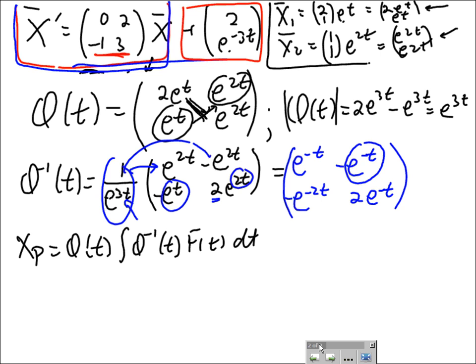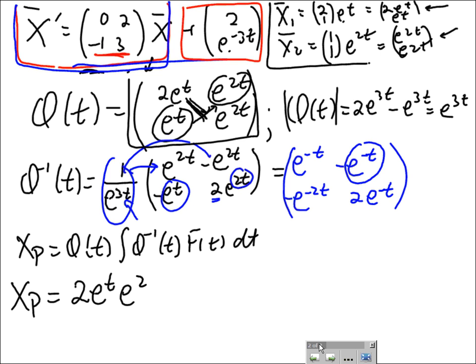So what we have is x_p is phi of t, which is right here, 2e to the t, e to the 2t, e to the t, just copying it down.